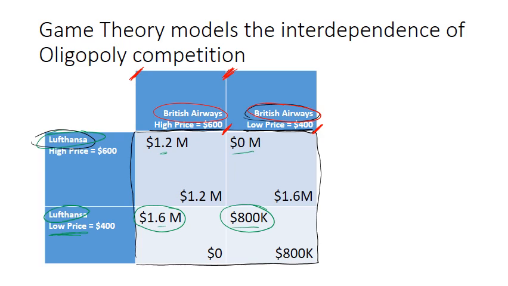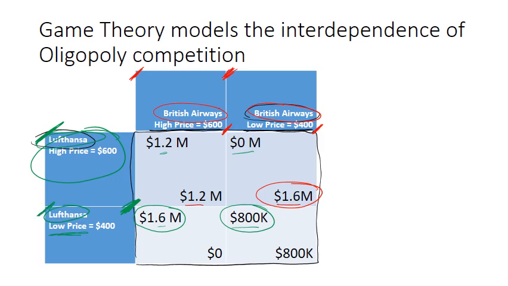Now it turns out that British Airways is actually going to look at this in almost the exact same way since the payoff matrix is symmetrical. If Lufthansa were to choose a high price, British Airways has got to choose between a high price or a low price. They're better off with a low price. 1.6 million is bigger than 1.2 million.